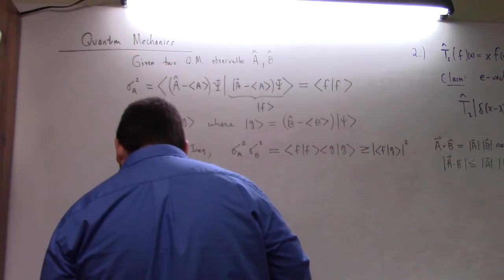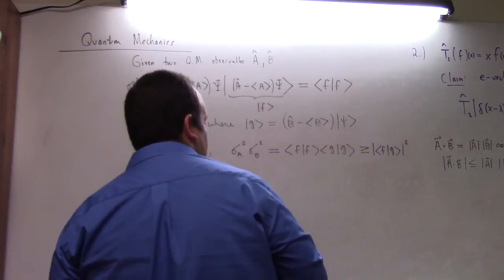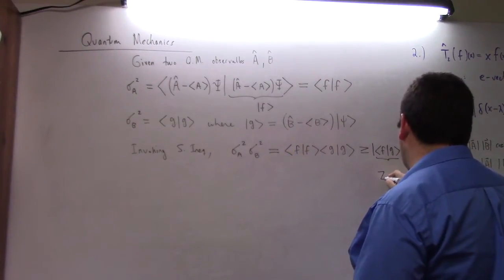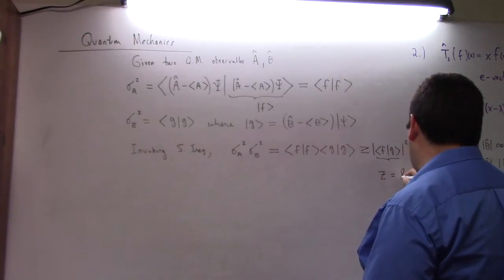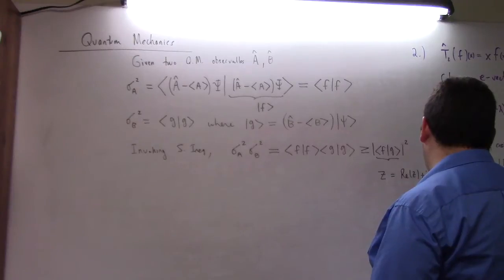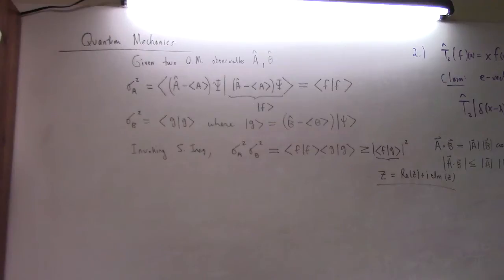So this right here, guys, you could call that Z. That's the real part of Z, plus i times the imaginary part of Z. You've read this in your reading? Okay, that's good. Anyway, any complex number you can split.